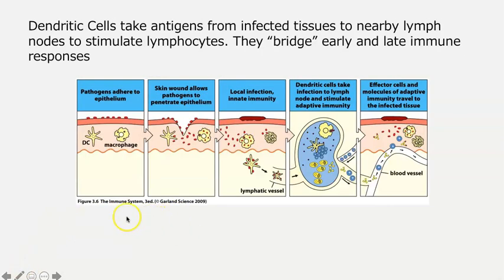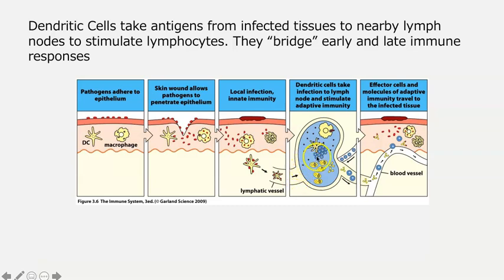Dendritic cells are interesting cells, and they take these bits of protein from the infected tissue. What we're seeing here is skin that has a cut, and we're getting germs coming into the layers of the skin, and the macrophages are trying to fight them off. But in addition, the dendritic cells have taken in some of the pathogens, have started to degrade them, and the dendritic cell is moving in lymphatic vessels to regional lymph nodes.